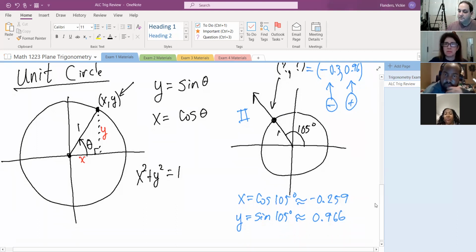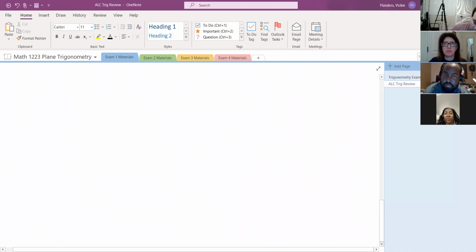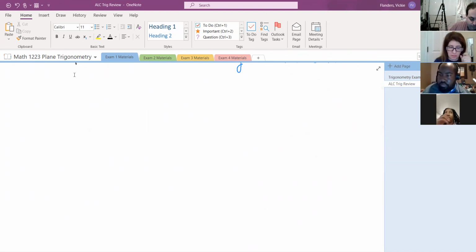Okay, go ahead and scroll a bit. Okay, so then the next bit that you want to merge in there is the important values that go along with the special angles. So when it comes to remembering the sine, cosine, and tangent of special angles, let me start with the basic few, right?